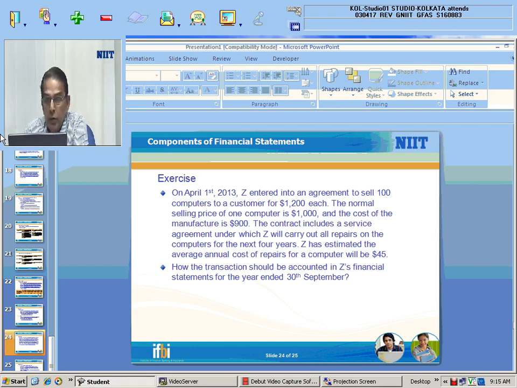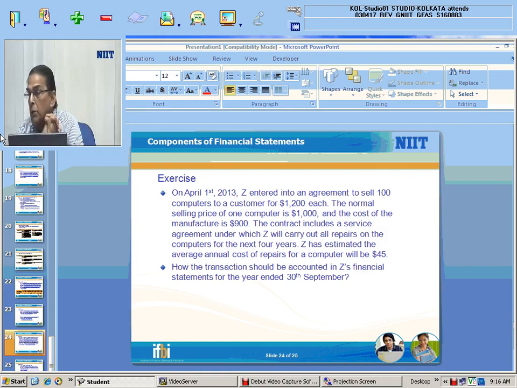So on 1st of April 2013, when Z sells these 100 computers to the customer for $1,200 each, for each computer they receive $1,200 from the customer. So in this receipt there are again two components, $1,000 for sale of goods and $200 for service to be rendered in future.